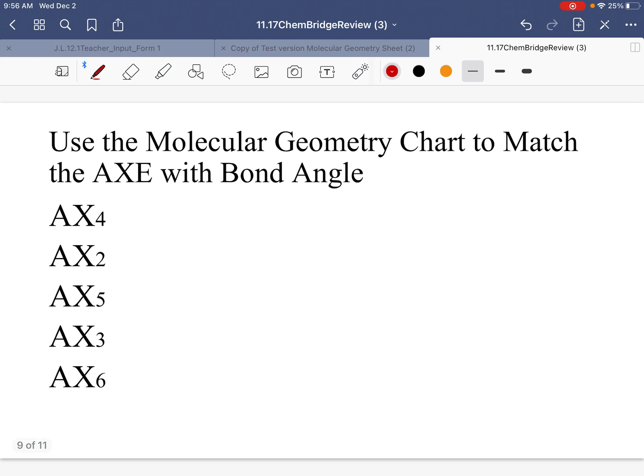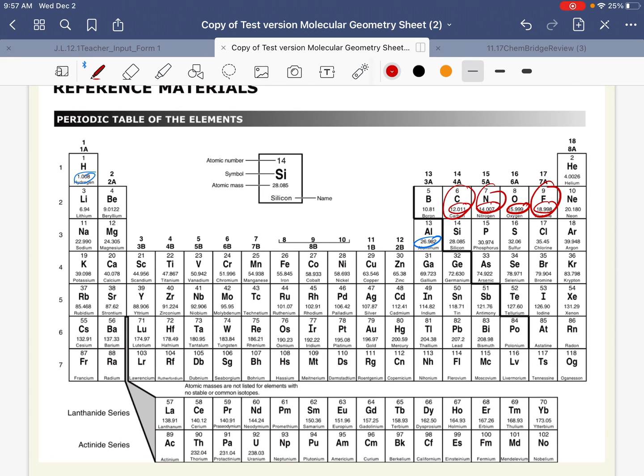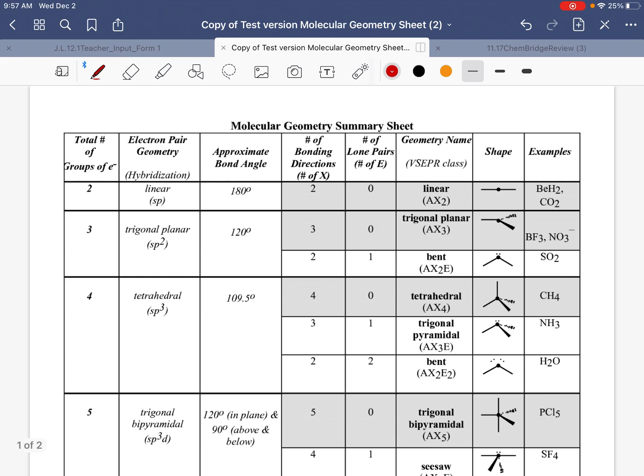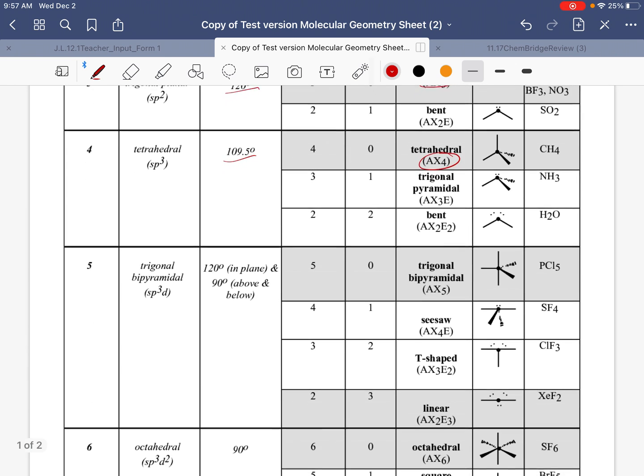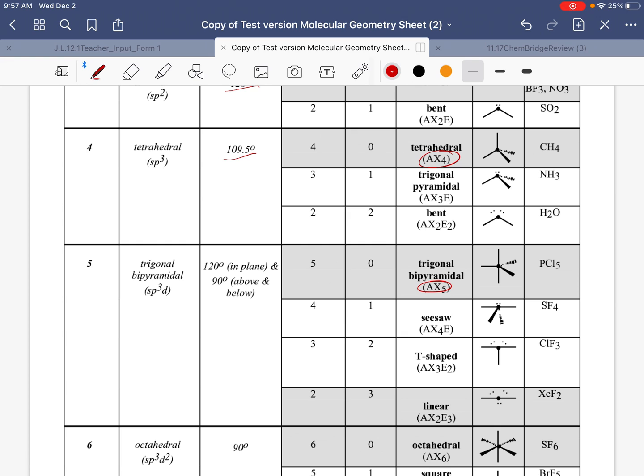And this one, guys, super easy. You just need to understand how to use the molecular geometry sheet. So AX2, AX3, AX4, all of that, you just have to know, okay, if I have an AX2, which is linear, it's 180 degrees. If I have AX3, 120. A tetrahedral is 109.5. A trigonal bipyramidal is 120 and 90 degrees.